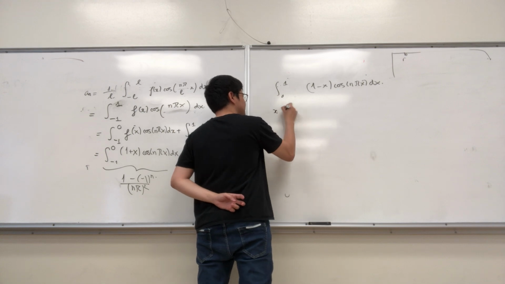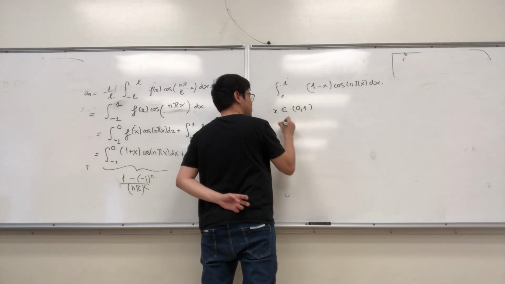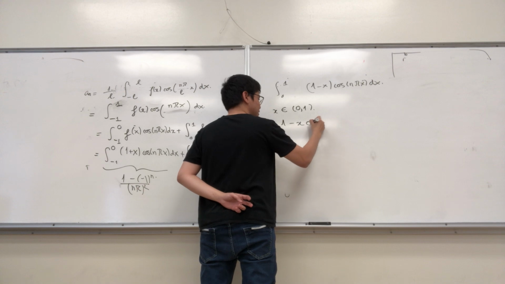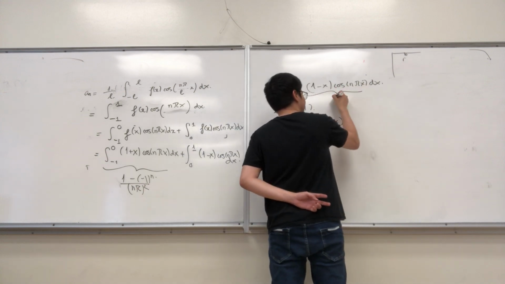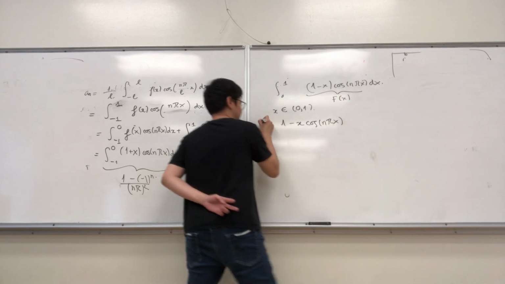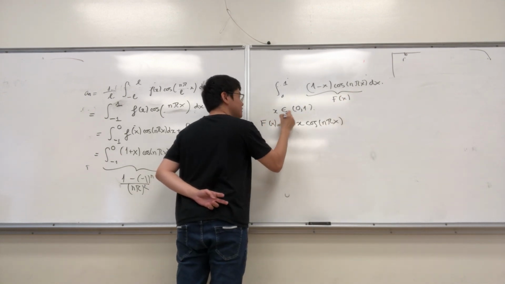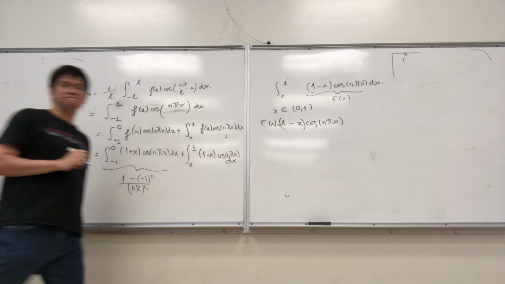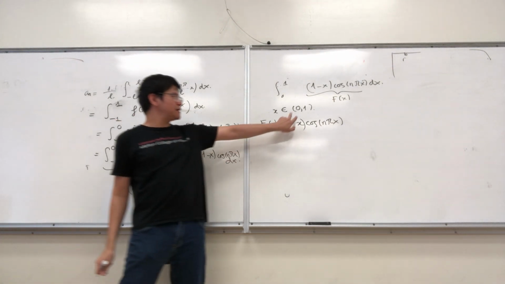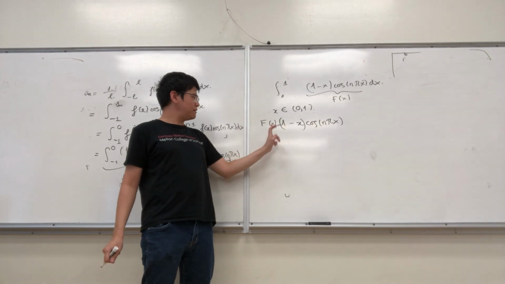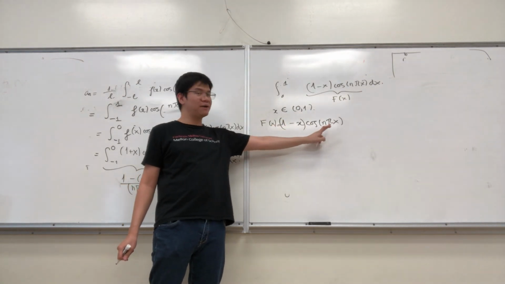So when x is from 0 to 1, you have 1 minus x cosine of n pi x. So this is the function that I call f of x. So let us consider x from 0 to 1 and f of x to be 1 minus x cosine n pi x.